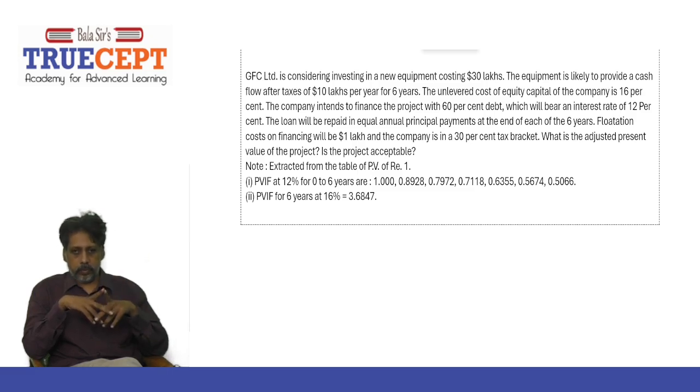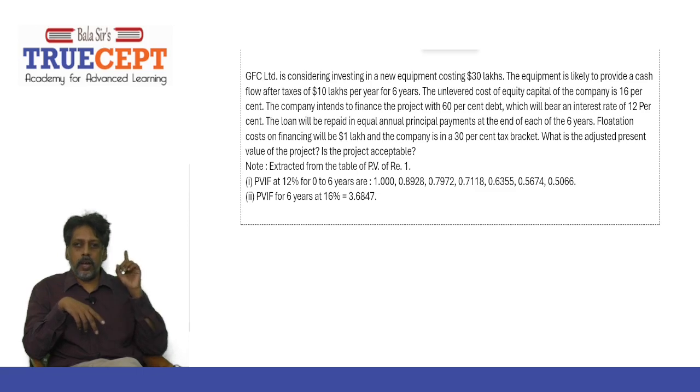GFC Limited is considering investing in a new equipment costing $30 lakhs. That is $30 lakh, which is more of an Indo-American way of telling. Or you can say $3 million. That is $30 lakh or $3 million, your initial outlay.